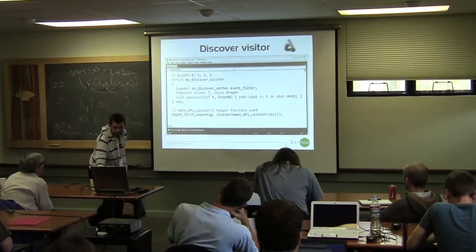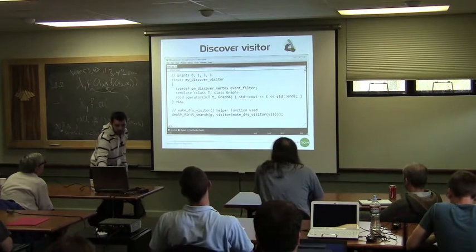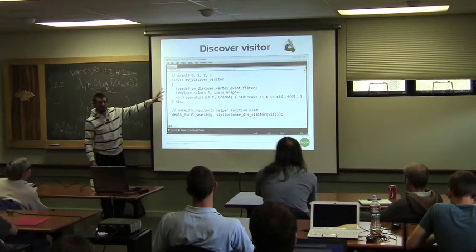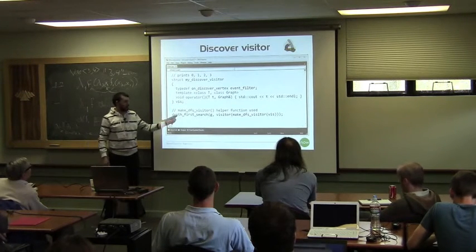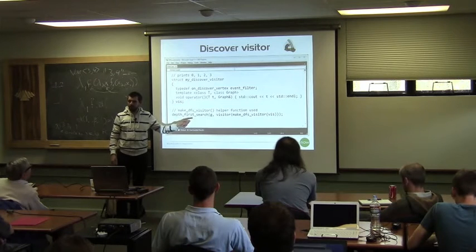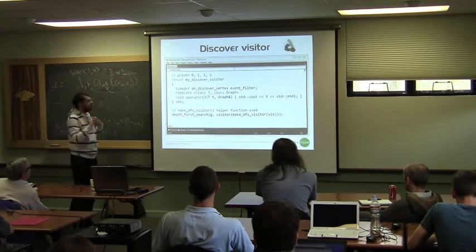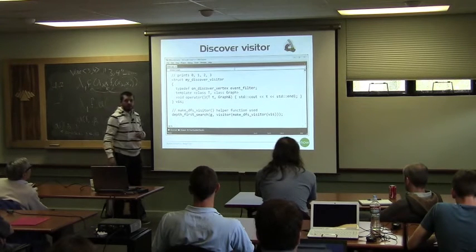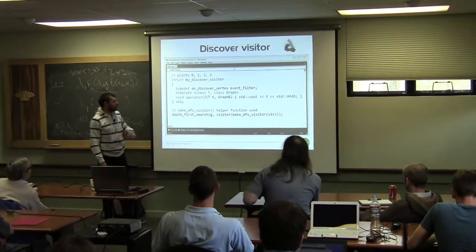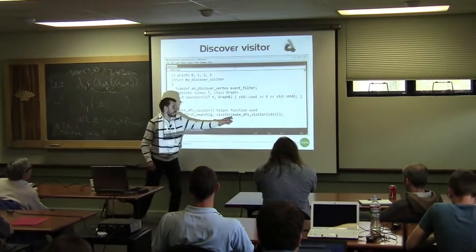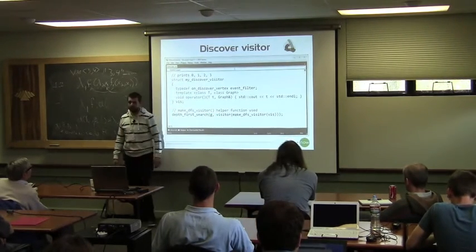If I'm not completely mistaken, yes, here's the example. I'm using now my discover visitor, the very same struct, with the depth first search algorithm. It's again an algorithm which just goes through one vertex to the other. And I still want to be notified when a new vertex is discovered. And in order to use this visitor now for this algorithm, I need to call the make DFS visitor function.